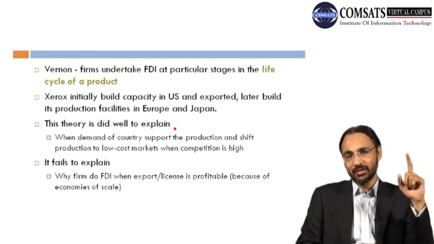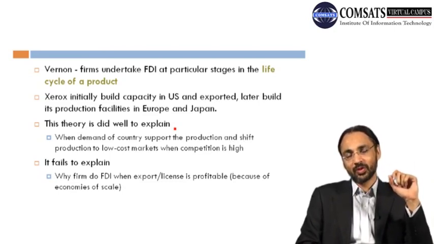But the question that arises at this point is, when Xerox observed that the demand was higher in the European market, and they decided to do FDI, or decided to produce that photocopy machine in Europe, why did they do that? Why couldn't they just export?